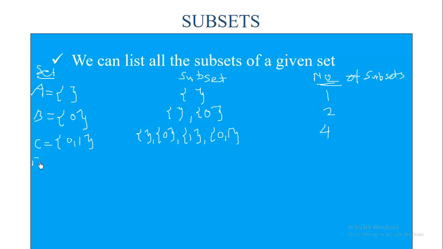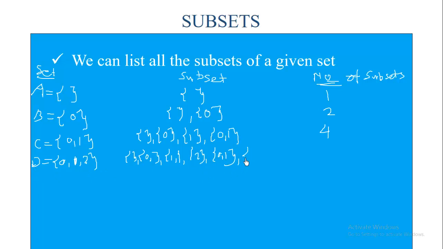Then we have set D with elements 0, 1, 2. So the subsets are: we have the empty set, then the set with 0 as element, then the set with only 1 as element, then the set with only 2 as element, then the set with 0 and 1 as elements, so 0, 1, this set is a subset of this.